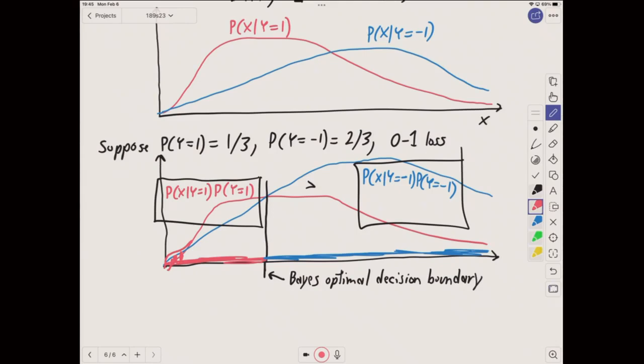Question? These are the PDFs, not the CDFs. So why do we not calculate the real probabilities for the variables, but we simply use the PDF instead? I'm sorry, say that again?